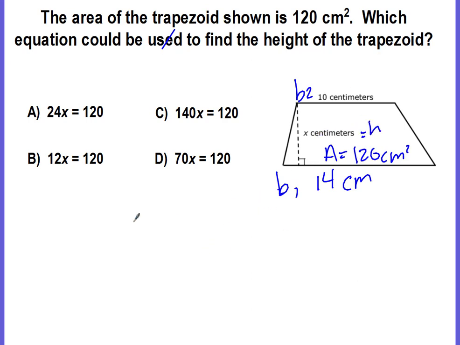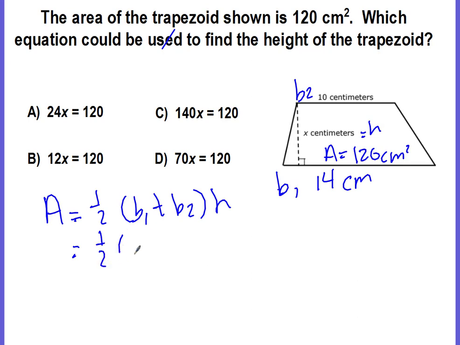Okay, knowing this information and knowing that our formula for area of a trapezoid is area equals 1/2 base 1 plus base 2 times your height. Let's go ahead and plug it in and see which equation matches it. Area equals 1/2.